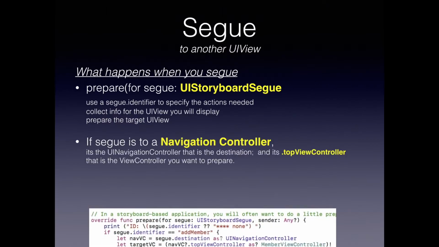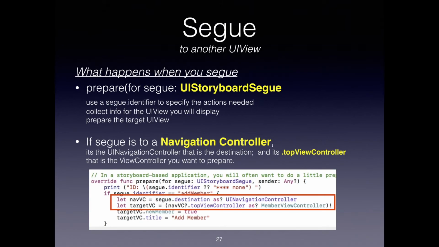If you're doing a segue to a navigation controller, then the UI navigation controller is what's called a destination, and the view itself, which is inside of the navigation controller, and the navigation controller is a container for the view, is a property of the navigation controller called top view controller.